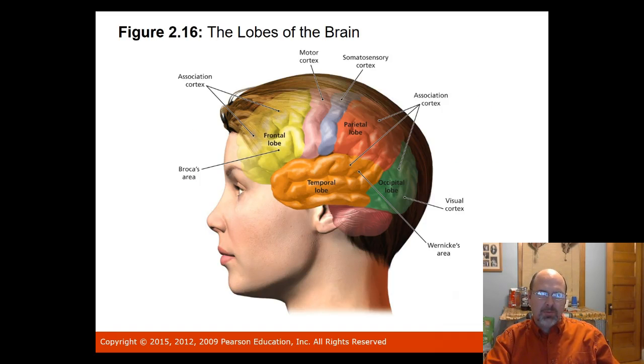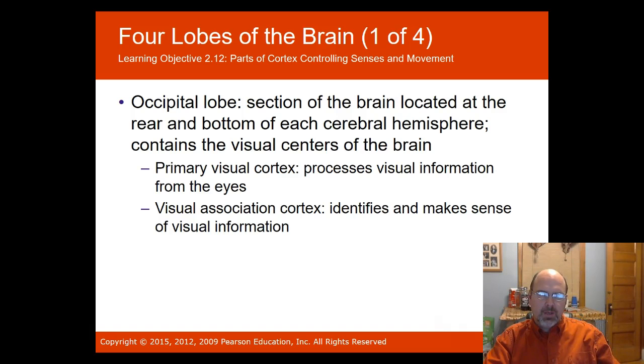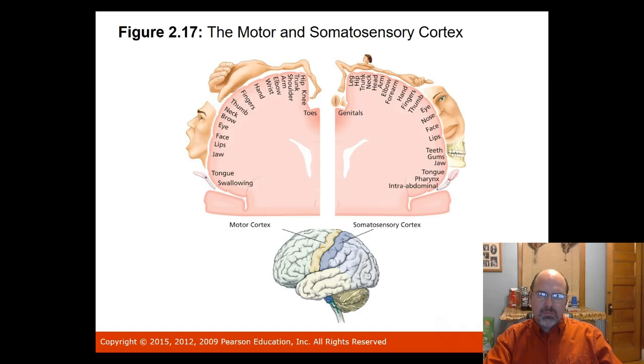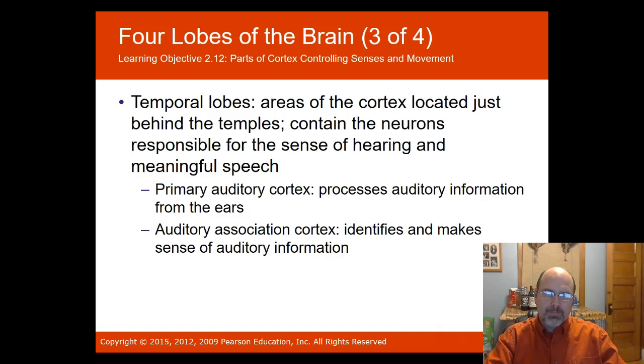This just talks about the lobes of the brain. The occipital lobe involves the primary visual cortex, in other words, your vision. Your parietal lobes are responsible for processing information from the skin, such as touch, temperature, body position, and taste. This just shows the different senses that come from different parts of the brain.